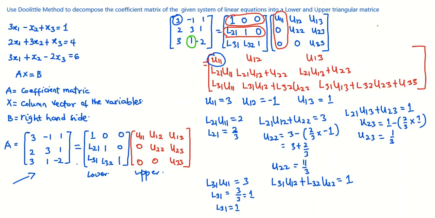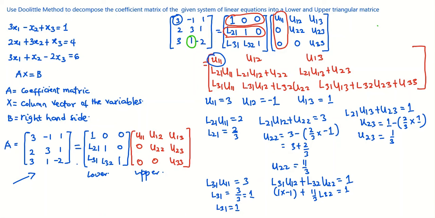We know the value of L31 to be 1, multiplying u12, and we know u12 to be minus 1, plus L32 multiplying u22, and we know u22 to be 11 on 3, so I'm going to have 11 on 3 multiplying L32, and this should be equal to 1.